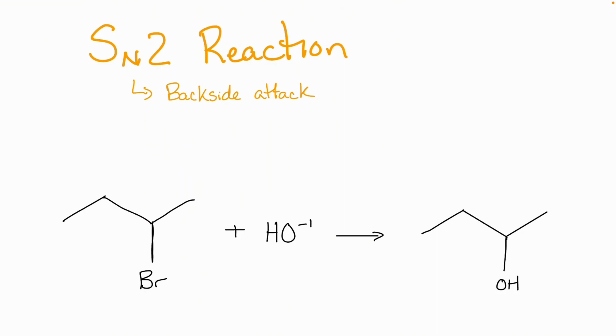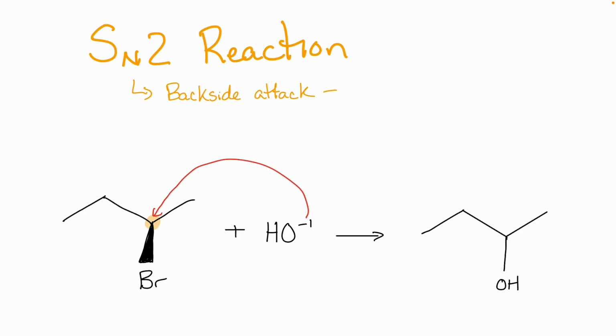If I had this bond with my bromine and I knew that it was sticking out of the page, a wedged bond here, remember wedge means that it's sticking out at you, the hydroxide ion, when it reacts with that electrophilic carbon, has to approach it from the opposite side of where that bromine is. It's going to come around the back side and attack that carbon. All right, so a backside attack.